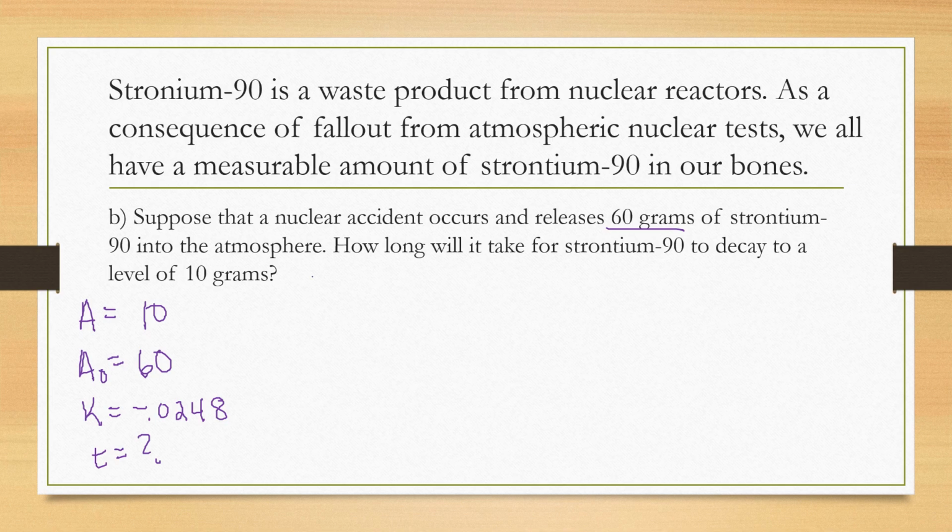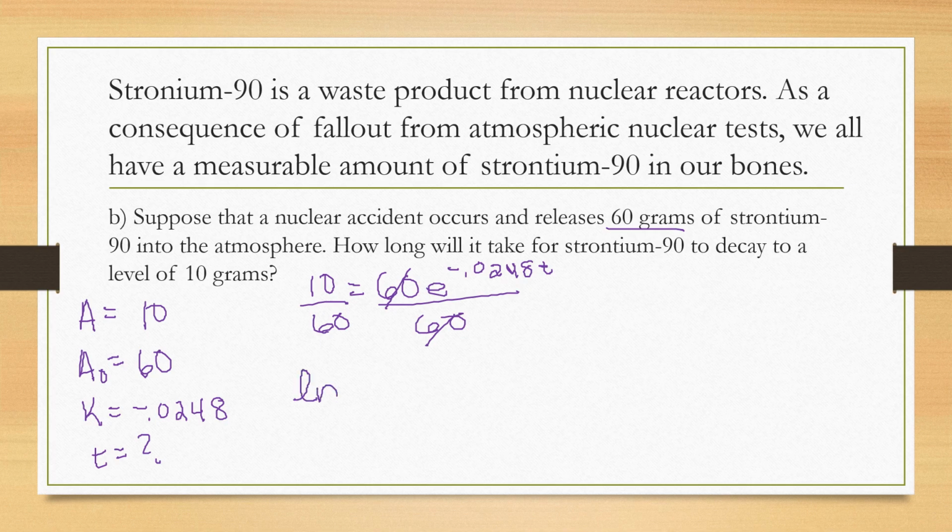So we're going to put this together as 10 equals 60 times e raised to the negative 0.0248 t. Once again, solving the same way we've done all through this lesson. Let's divide by 60. Those cancel out. Let's write it as a logarithm problem.